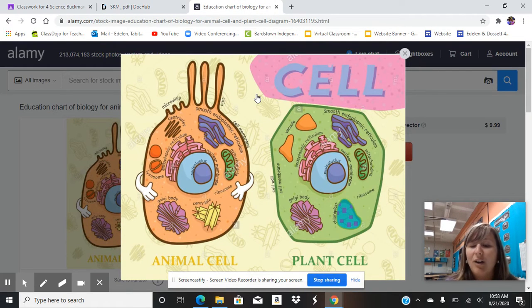So we're going to start off with a review. If you see on my screen, on the left there's an animal cell, and on the right there's a plant cell. So, a quick review to go into why plant and animal cells are microscopic. All living things are made of cells, and anything that's alive is called an organism.